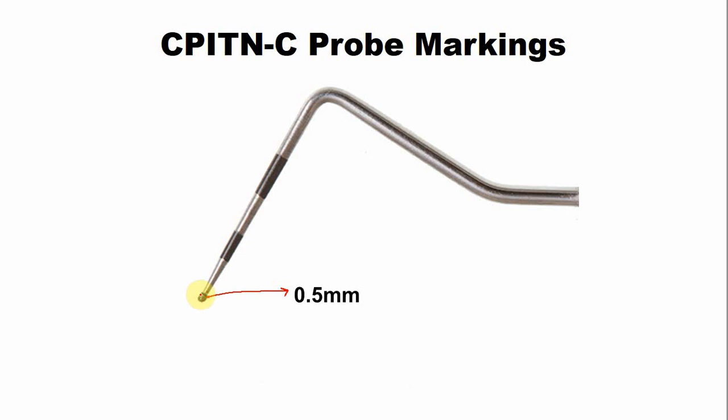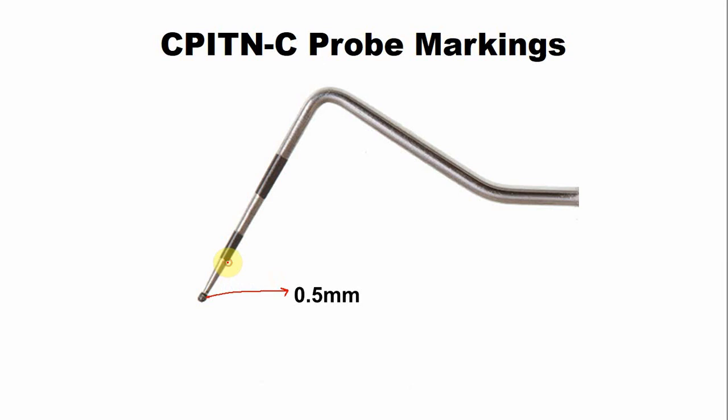The end of this CPITN-C probe is safe because of the ball shape, but the instrument must be carefully inserted with not more than 20 grams pressure.